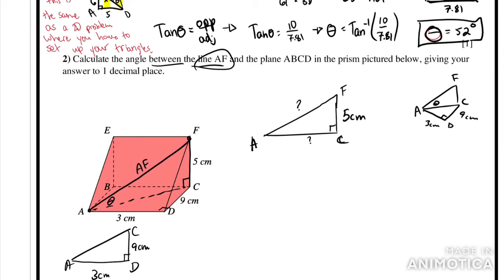What I was saying before is if I had my AFC, I could connect and make another right triangle with D. So I have AFD, but then to calculate anything to go on there, I would need to make a third triangle that was F to D to C. So I'm making my job way more complicated than I have to.